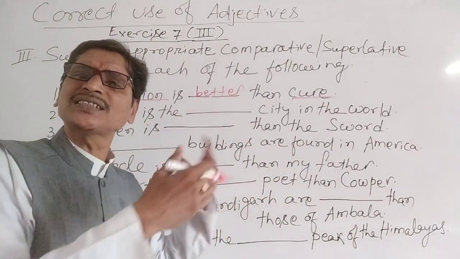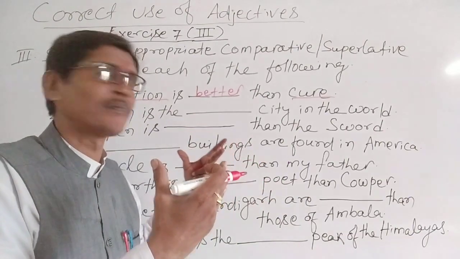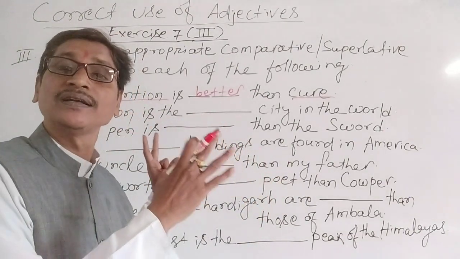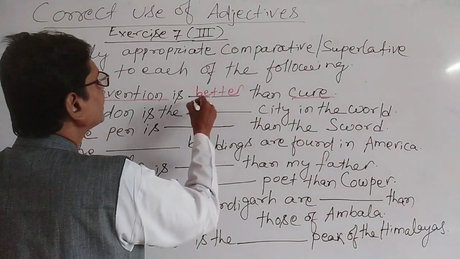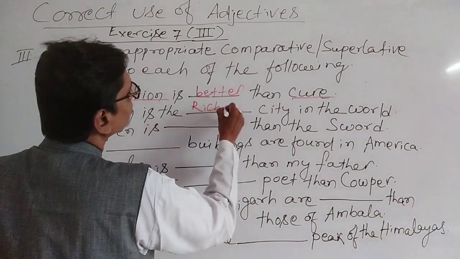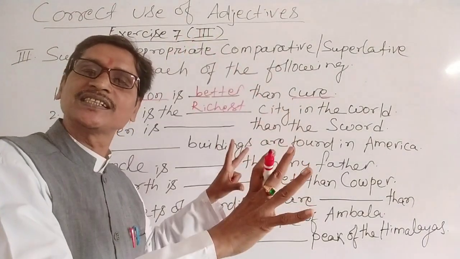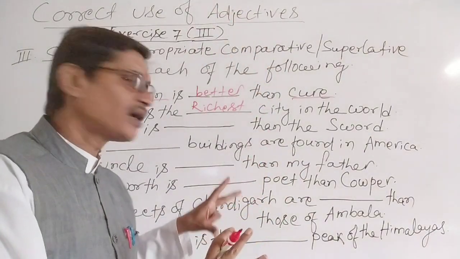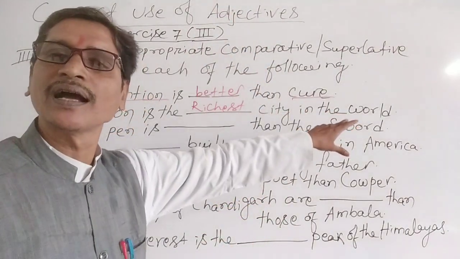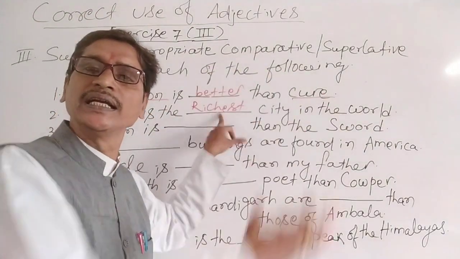Any such adjectives that come to our mind, that should be meaningful over here. So you can say, London is the richest city, or the most beautiful city, or the largest city in the world. Understand? So we have used here the superlative degree.